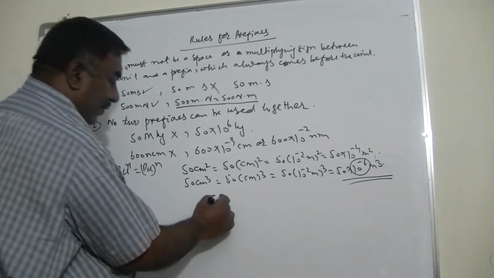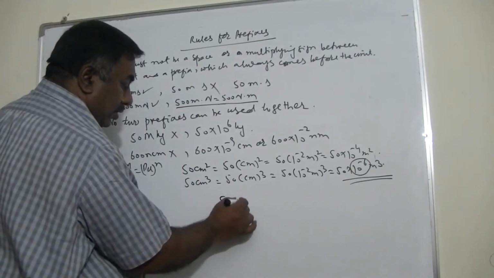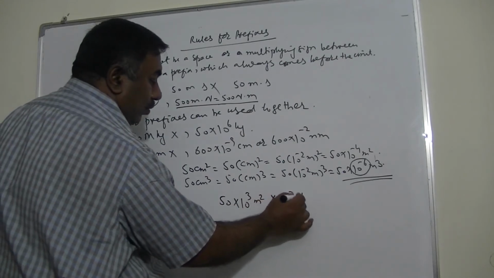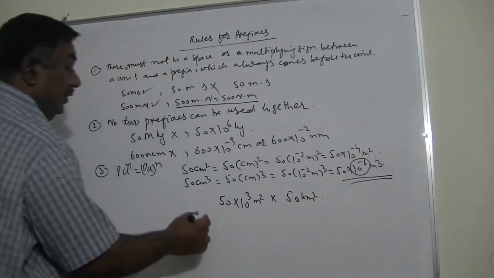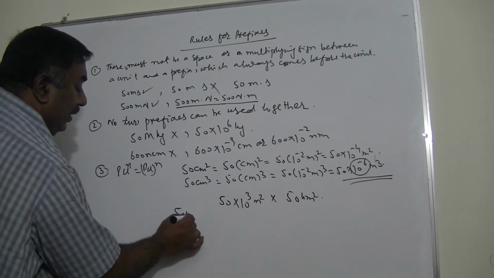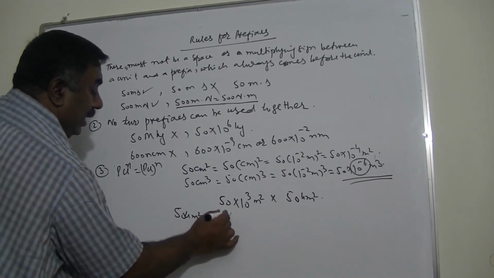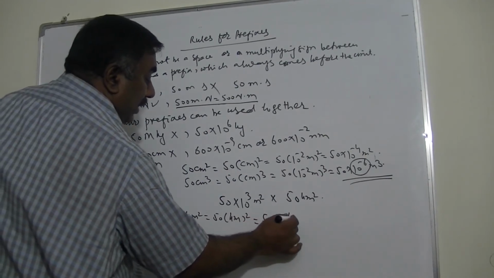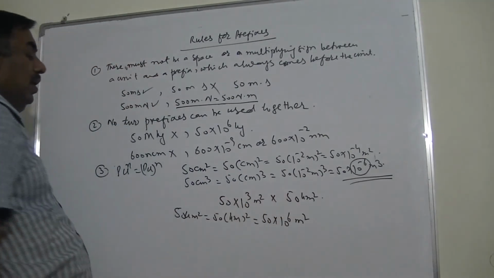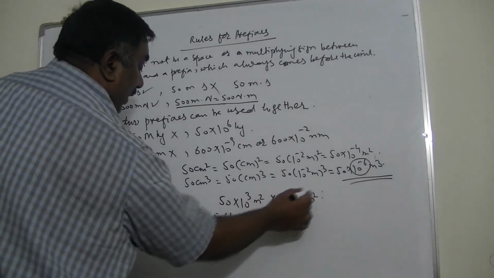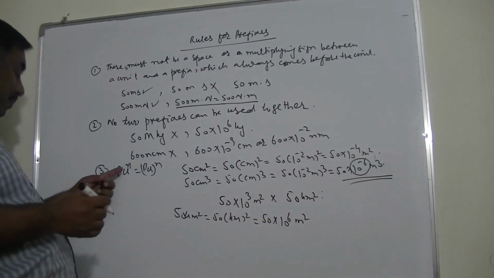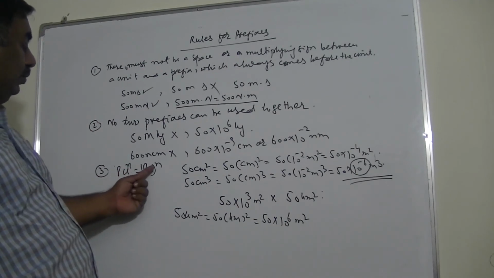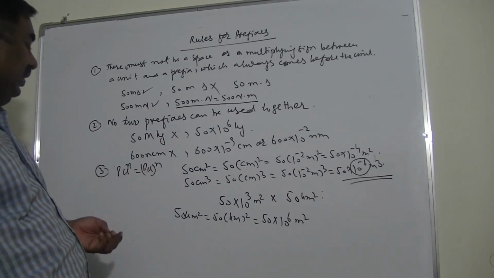For example, if it is just 50 into 10 power 3 meter square, you cannot write this as 50 kilometer square, because 50 km square is actually 50 into 10 power 6 meter square, but not this one. So given P is a prefix and u a unit, then (Pu) power n means (Pu) whole power n.